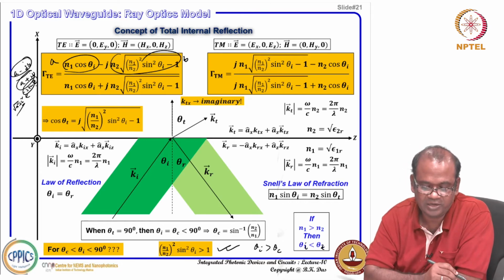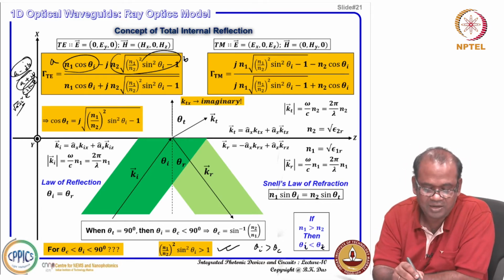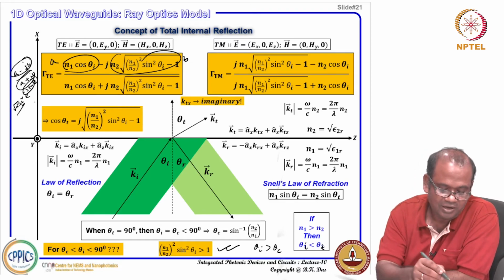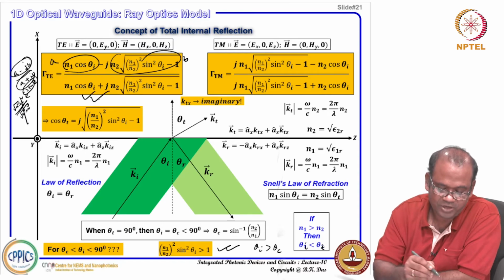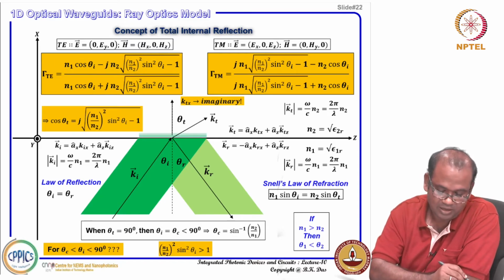Numerator will be minus angle, denominator in phasor form will be plus angle. The absolute values of numerator and denominator are the same. So, I will be getting something interesting.